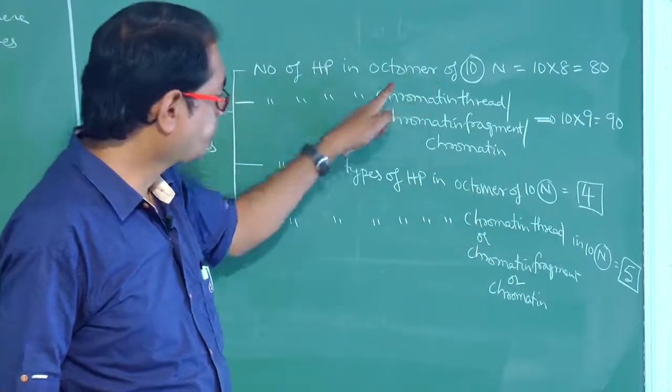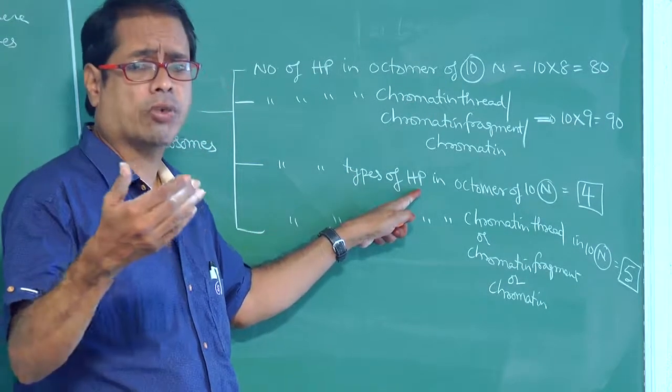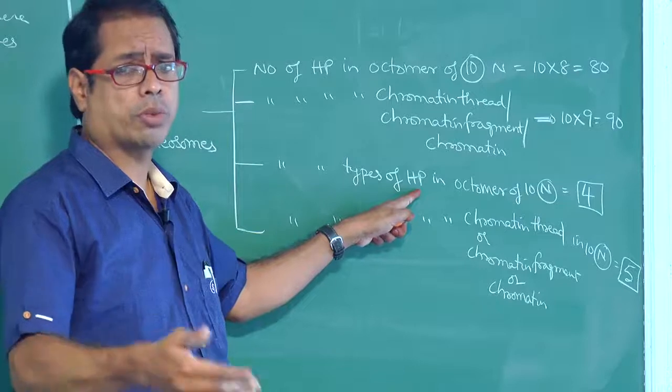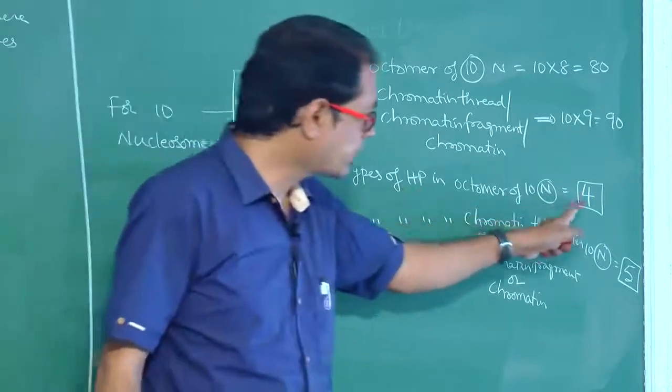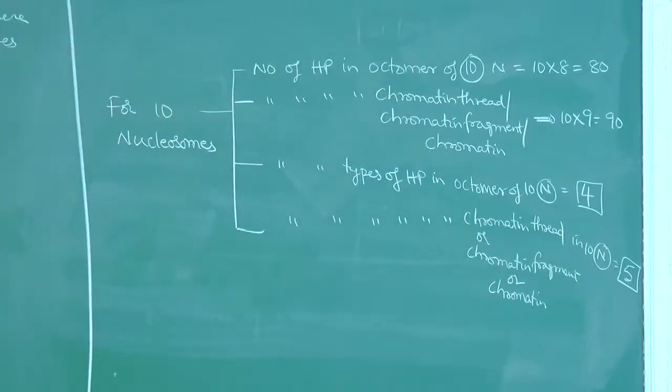Try to remember, the types present in one octamer are also present in the other nucleosomes. That's why 4 and 5. So please note down all these points.